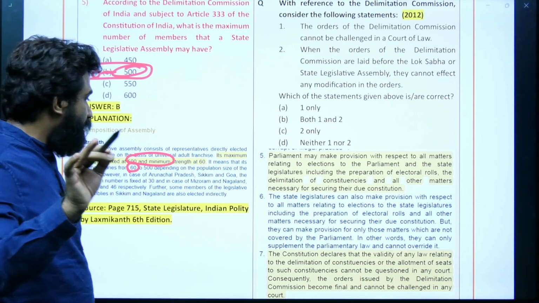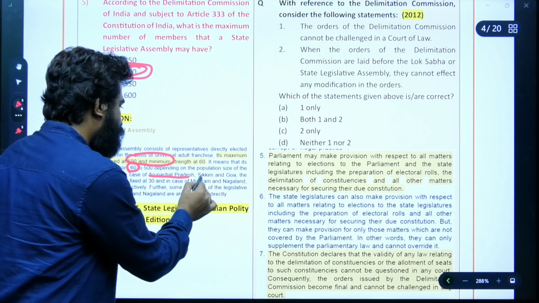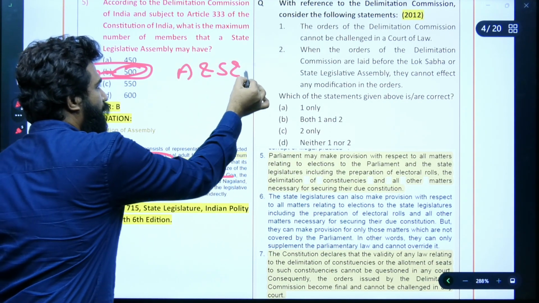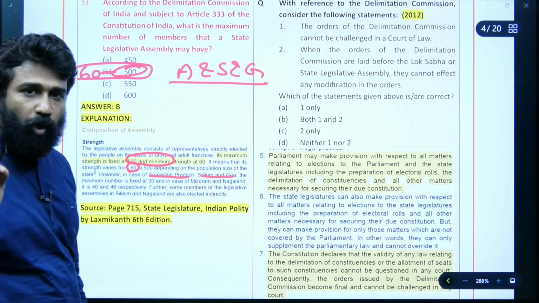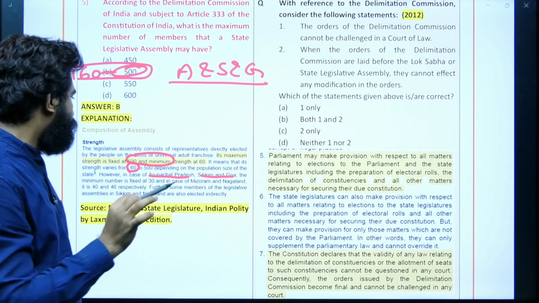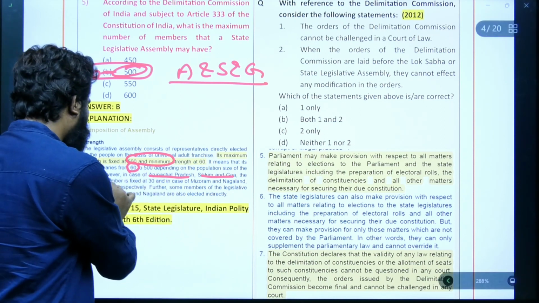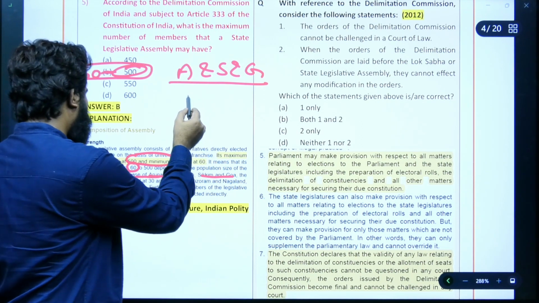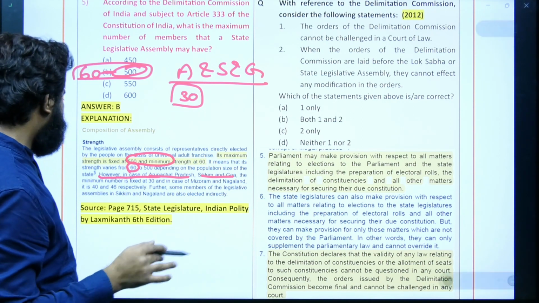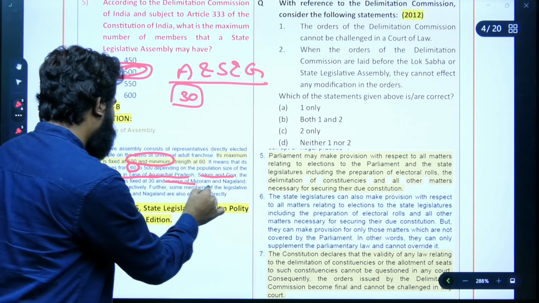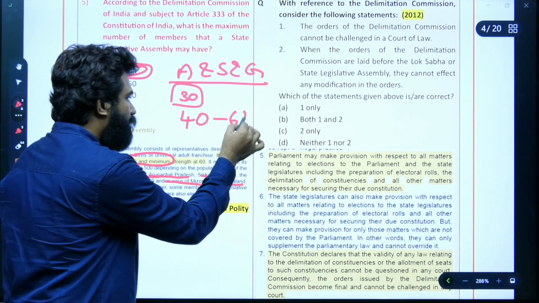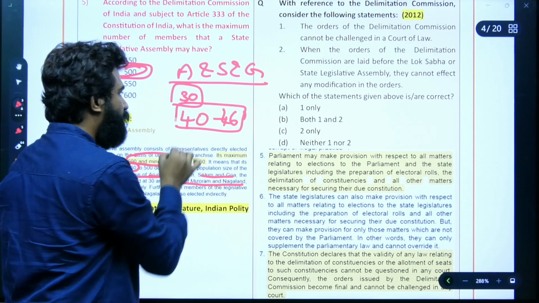But there are certain exceptions with respect to Arunachal Pradesh, Sikkim and Goa. Because they have a much lesser population compared to other states, they are permitted to have around 30 seats, less than 60 seats. And with respect to Mizoram and Nagaland, the seats allotted to them are 40 and 46.